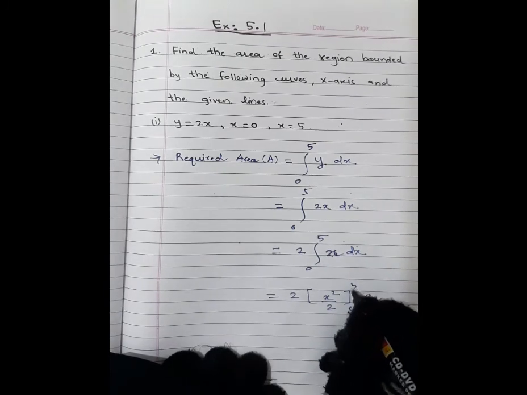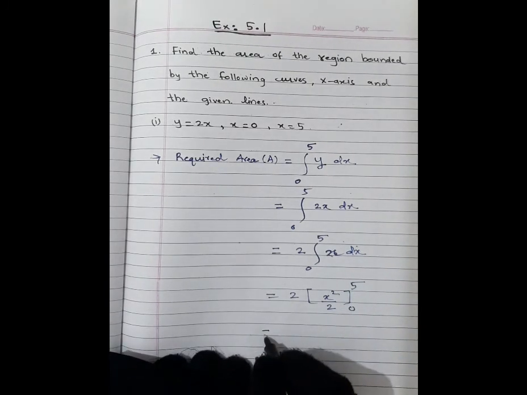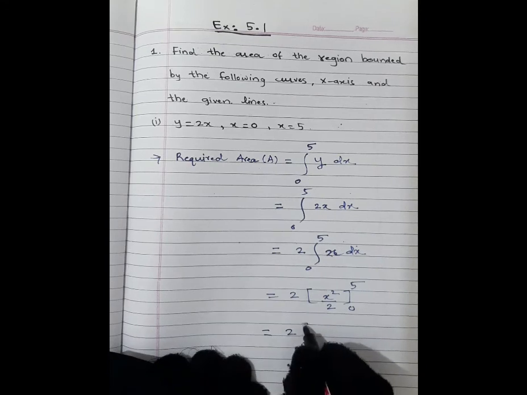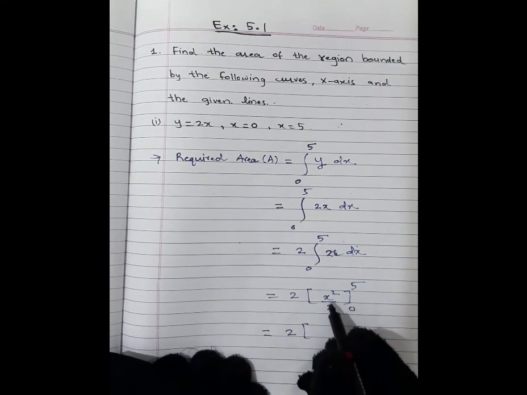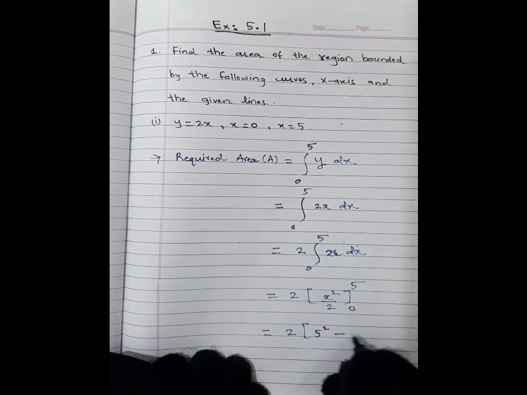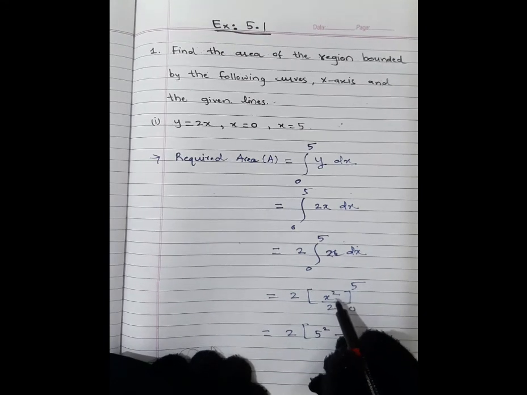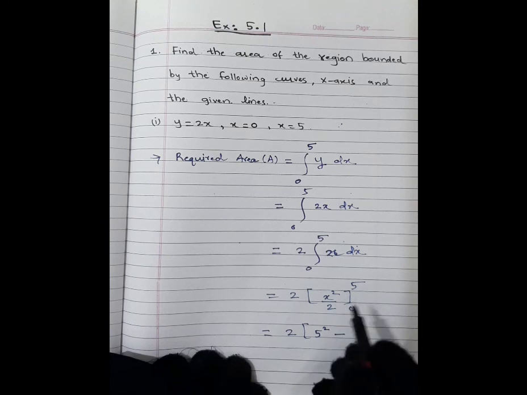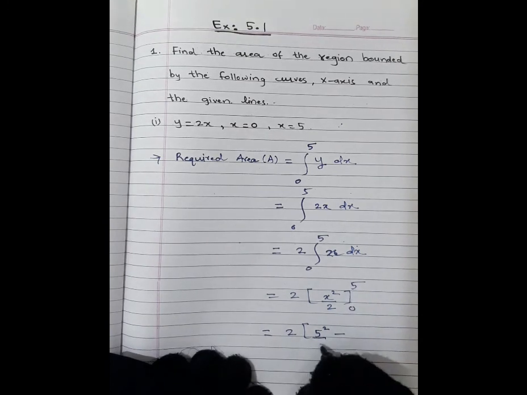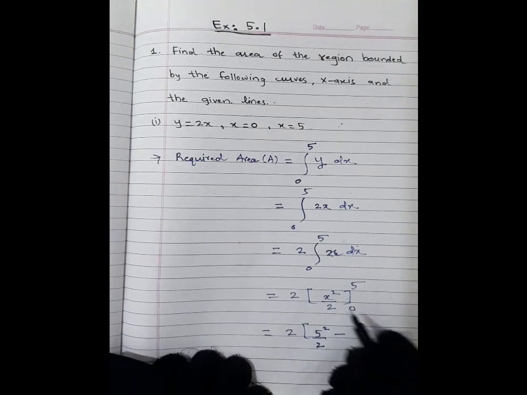What is the limit? 0 to 5. Substitute the limit. The upper limit is 5, x square means 5 square, minus 5 square by 2 minus 0. Students, here write 0.